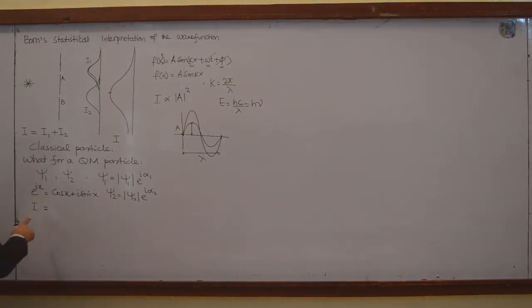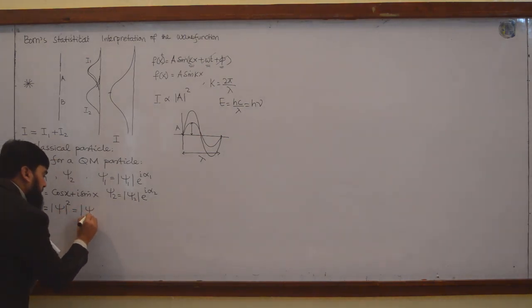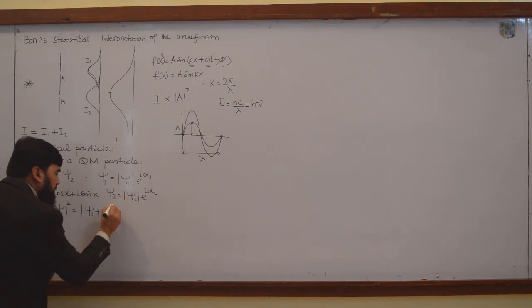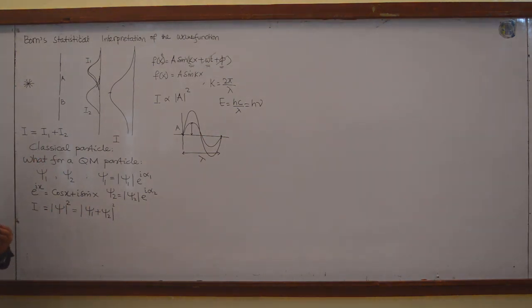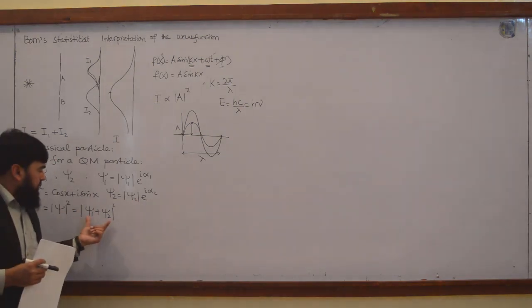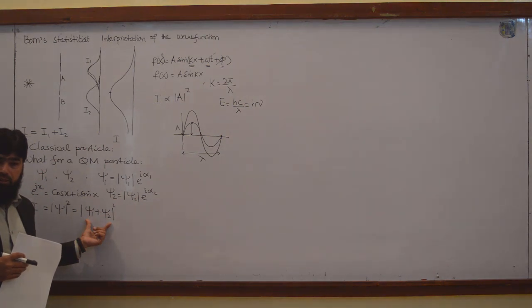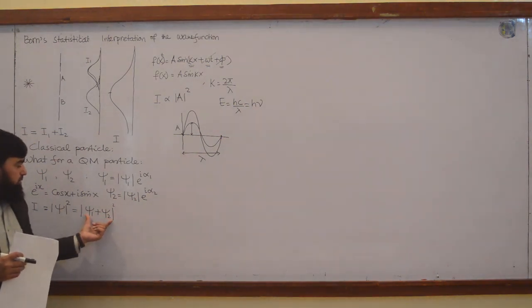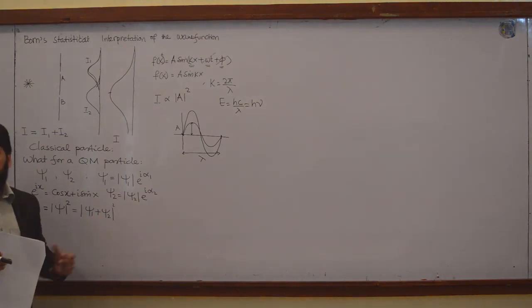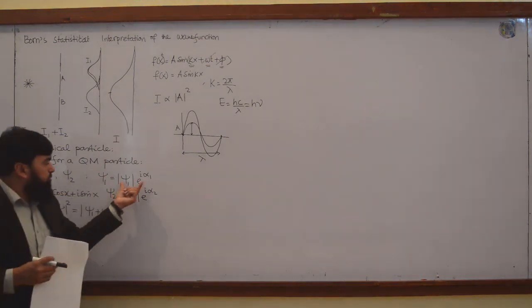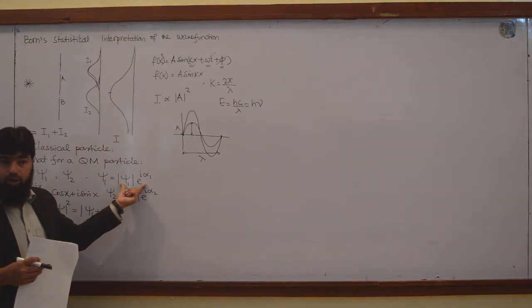Similarly here, when I write intensity of a wave, then I will write psi mod square. Clear? I will write psi mod square. Now psi is equal to the sum of psi 1 and psi 2, and I will write mod square. Now you know how to calculate the square of a complex number, because here our wave function is written in the form of a complex number.